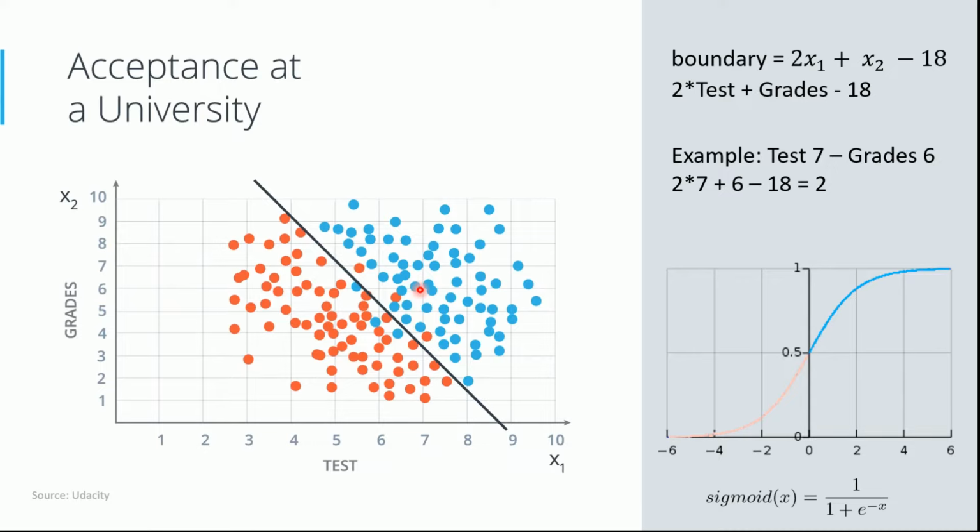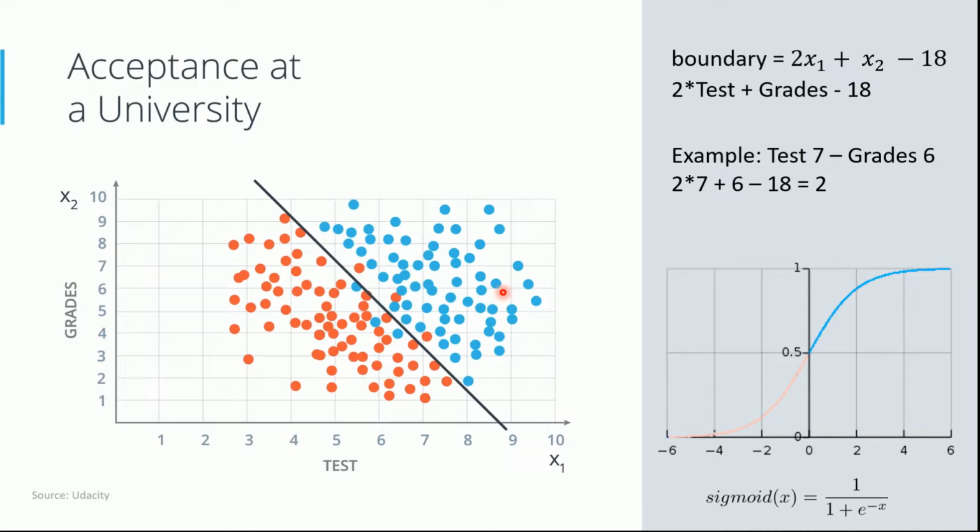The more positive the number, the deeper on the side of the people that got accepted, and the more negative the number, the deeper on the side of the people that got rejected. Since we know already that the higher or the lower the number, the higher or the lower the probability, we said that we need to somehow measure this.